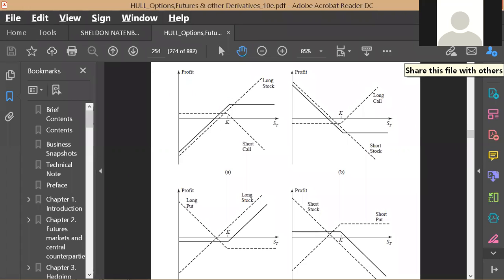Now, we have to go about constructing a portfolio of underlying assets and options, which will give us a synthetic equivalent position to our short put position.